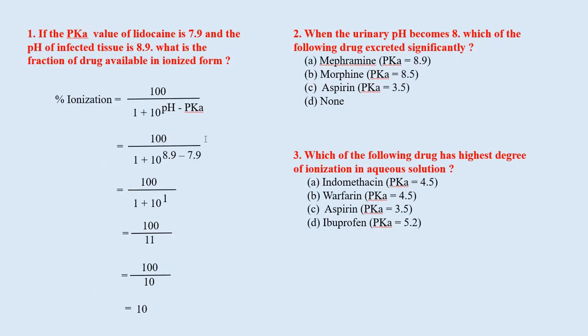So you have to remember what the Henderson-Hasselbalch equation is, what the different equations are for weak acidic and weak basic drugs, what the different classes of drug are based on their pK value, and what the different classes of tissues are based on the pH of the tissue. By applying that knowledge, you will be able to solve these questions.